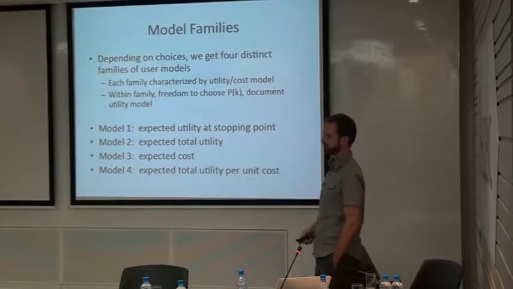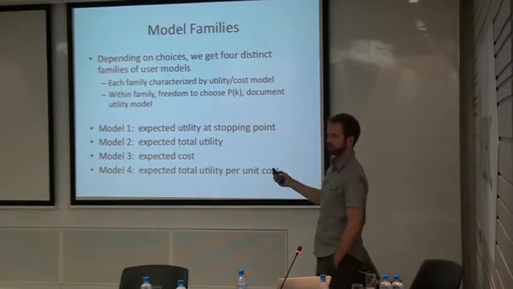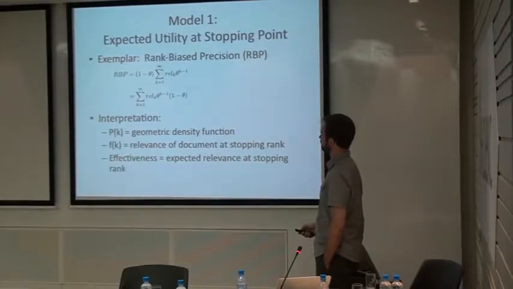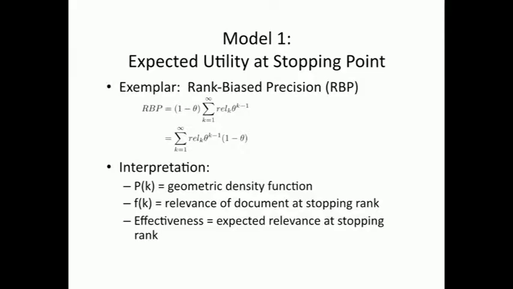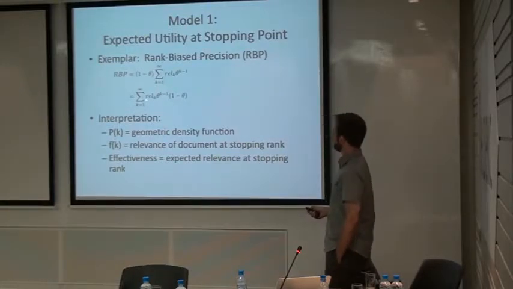So we sum over ranks the utility or cost times the probability of stopping at that K. So in this framework, f of K is going to be either a utility function in terms of the rank K, or a cost function in terms of rank K. And so you can plug in different functions here, and you get different measures based on what you plug in.